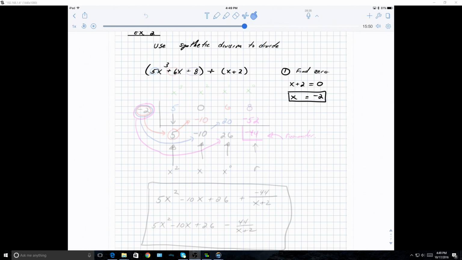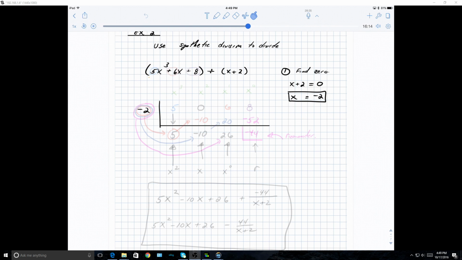So what we're going to do now is take negative 2 and use that as our little guide to start out with here. Okay, so now all we have to do is take the coefficients. I'll try to do this in a different color. And notice that we don't have all of the degrees.